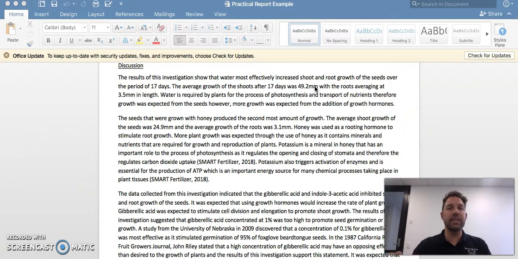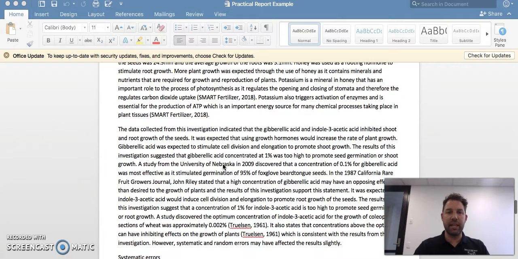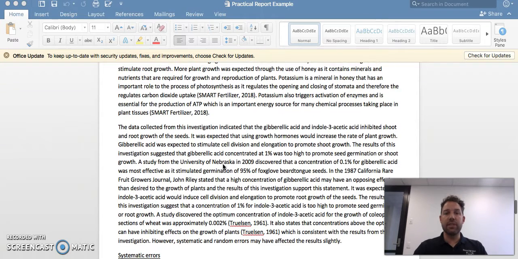So you're using data, you're using numbers, and then you're going to say why that's happening with reference to Newton's second law. All right, so the first few paragraphs are explaining why the results occurred using data.